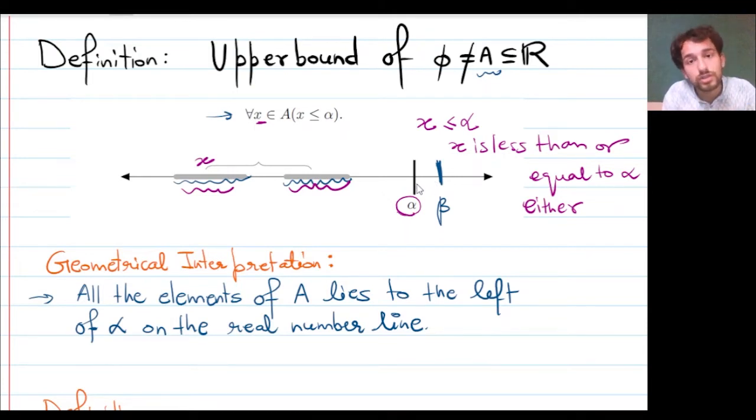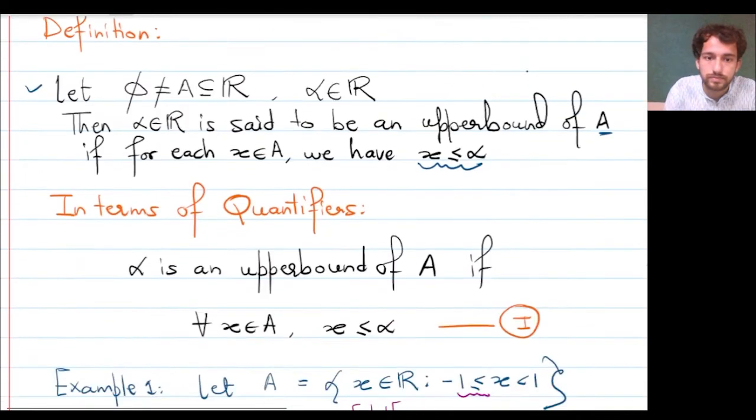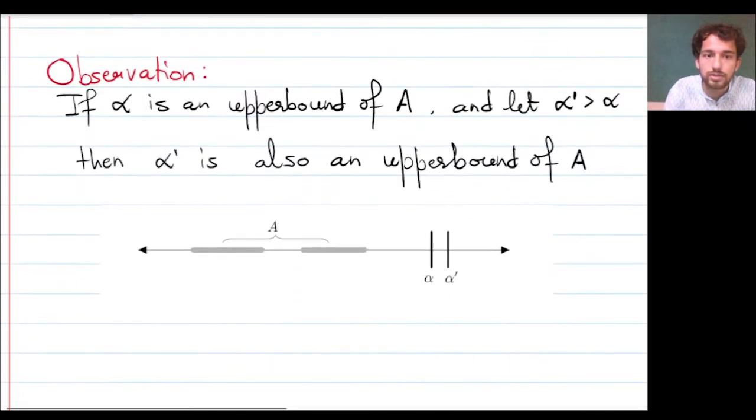So if alpha was an upper bound for the given set, then any number larger than alpha will also be an upper bound for my original set. So in this case I can say that beta is also an upper bound. This was the next result which I'm going to explain now. Suppose alpha is an upper bound of A, this information is given to us.